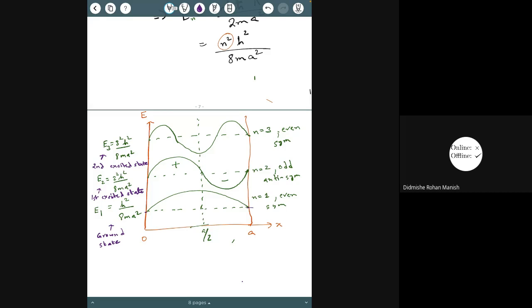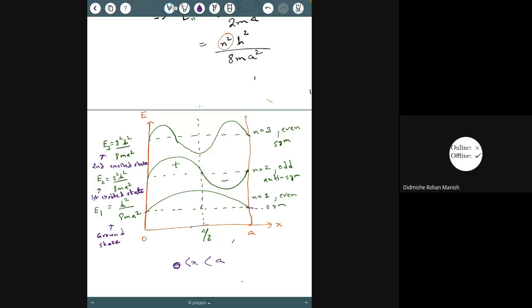Isn't that a point of non-differentiability? You cannot differentiate the wave function at that point, right? This wave function, remember, we only solved in the range x greater than 0 and less than a. So x equal to 0 and x equal to a is excluded from the domain of the wave function.